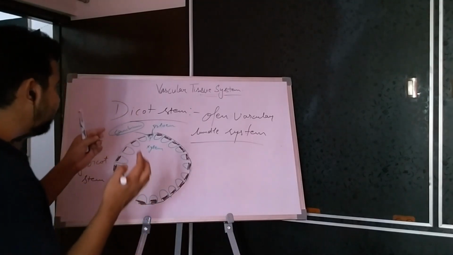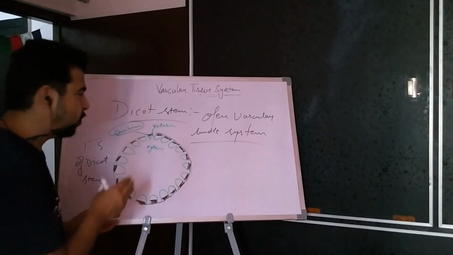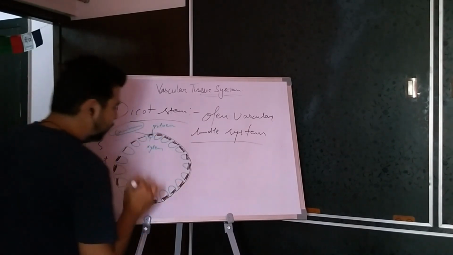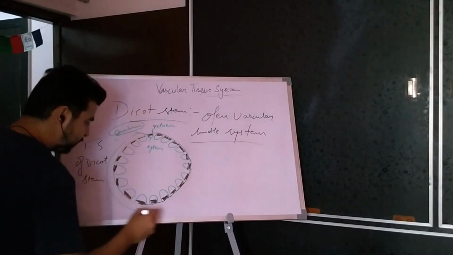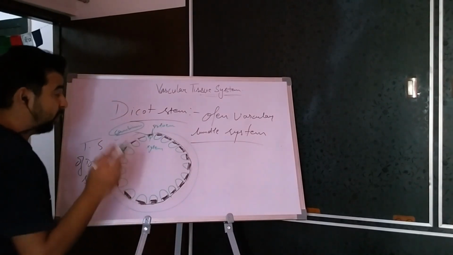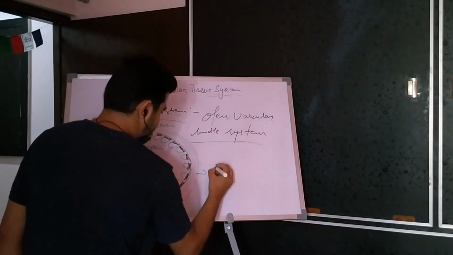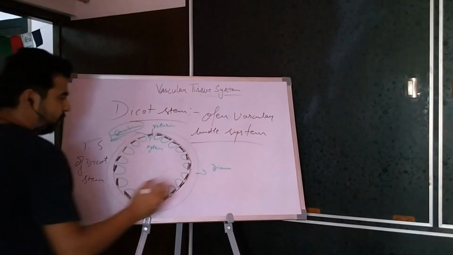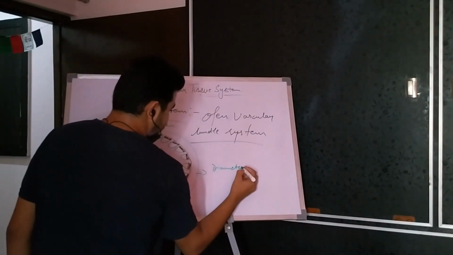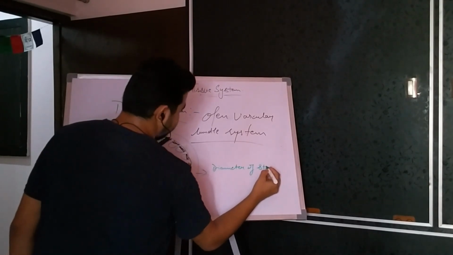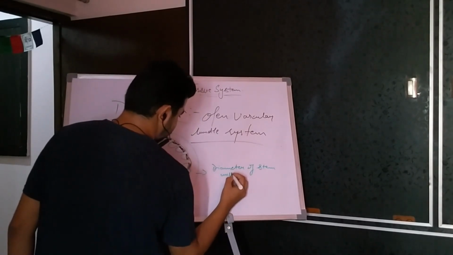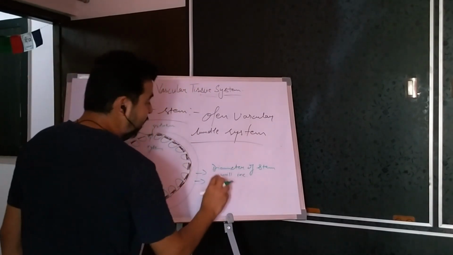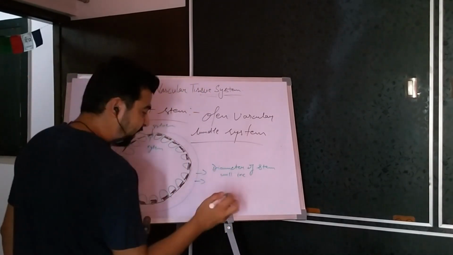So in dicot stem, the cambium is responsible for secondary growth, and the diameter of the dicot stem will increase because of the secondary growth, which increases the thickness.